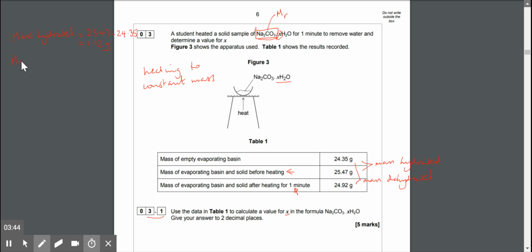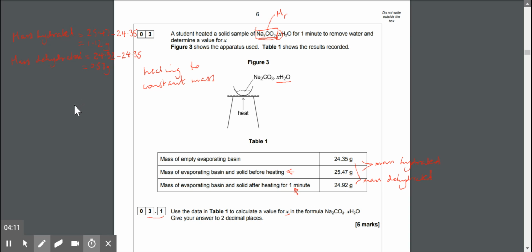So mass dehydrated is 24.92. Take away the 24.35, and that comes out to be 0.57. Okay, so we've got those two masses.